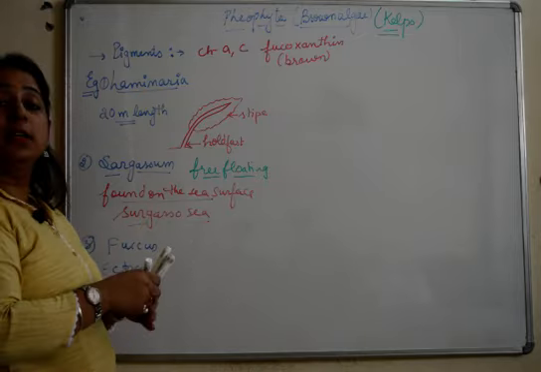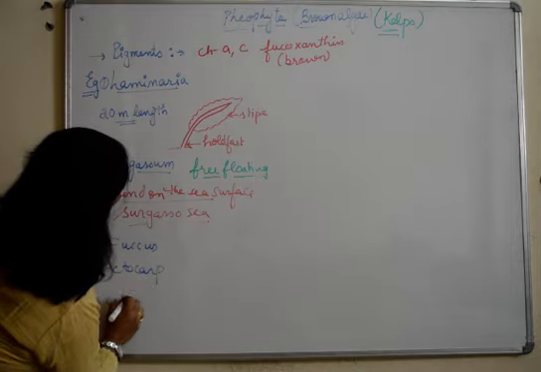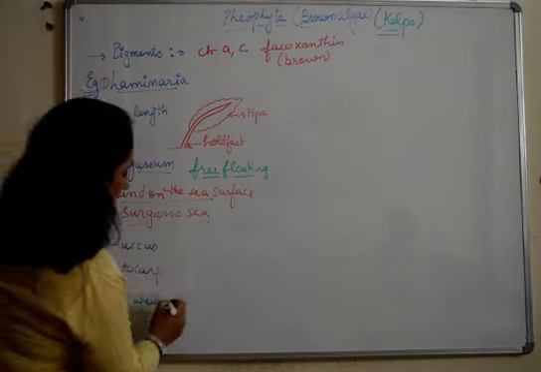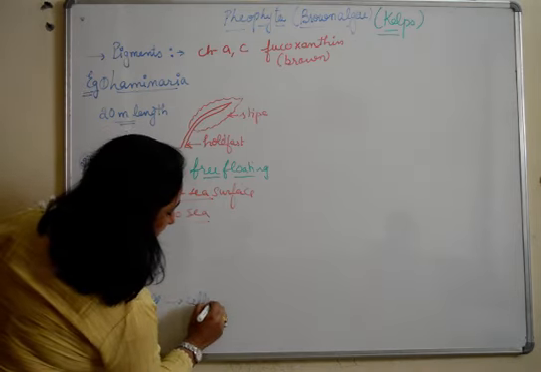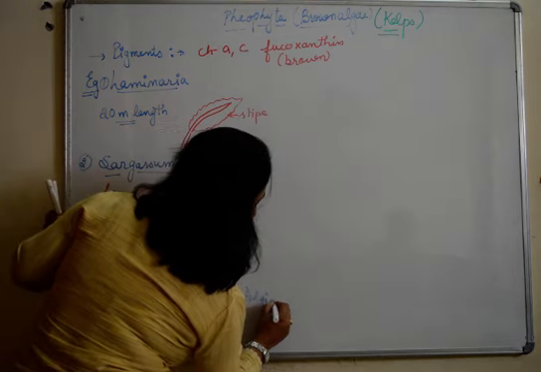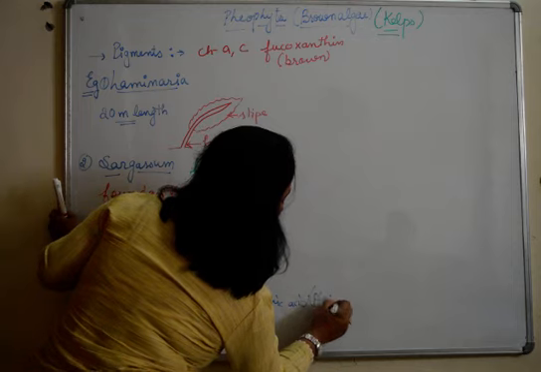Now, the next characteristic would be the cell wall. The cell wall present inside this type of alga has two components. It has cellulose plus it also has alginic acid present in it, also called algin.